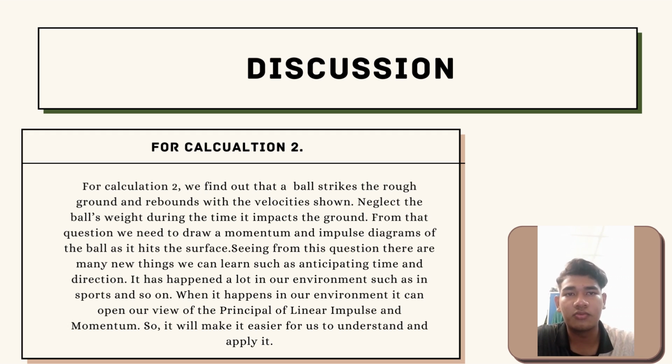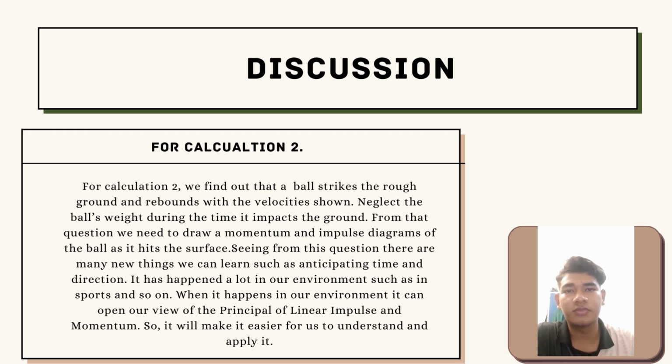Next, we need to apply the principle of impulse and momentum to determine the impulsive force. For this question, we can use the same formula as calculation one, so we can insert the information that we got from the question into the formula. The negative sign of V1 and V2 represents that the direction of the velocity of the ball in the vertical direction is opposite to the direction of the impulsive force.